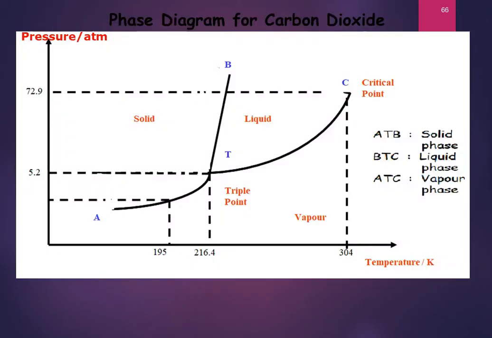Phase diagram for carbon dioxide. Curve ATB is solid phase, curve BTC is liquid phase, and curve ATC is vapor phase. T is triple point and C is critical point. Same with phase diagram for water, for carbon dioxide we also divide into solid, liquid and vapor.